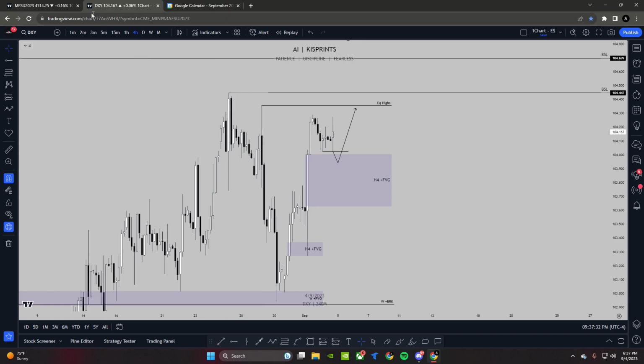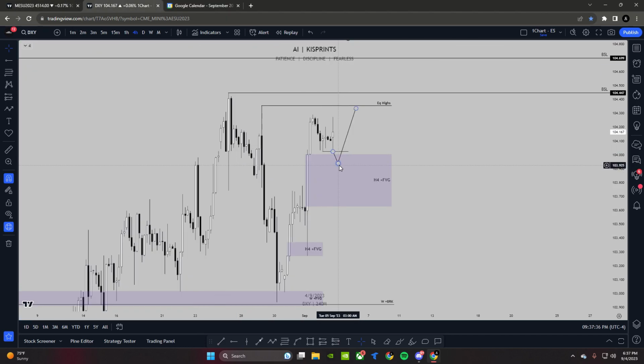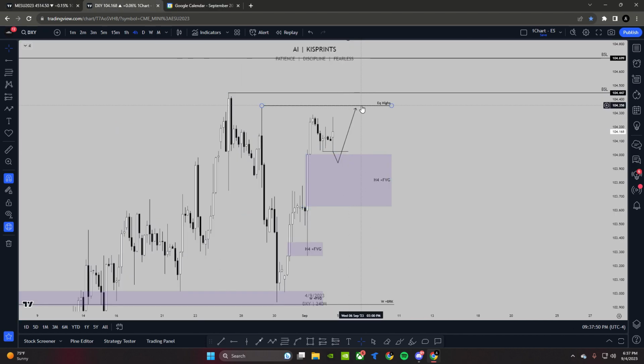As the dollar comes down, I would like to see ES come up into this rejection block. And eventually, once they both line up, I would also be looking at both markets to line up, the dollar and the indices. Once they line up, boom, we are officially bearish for the rest of the week, targeting the equal highs if we're bullish on the dollar.